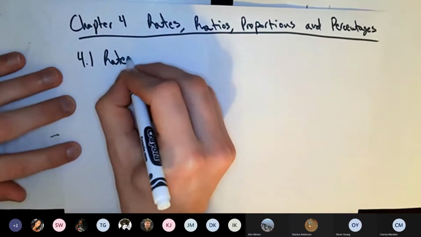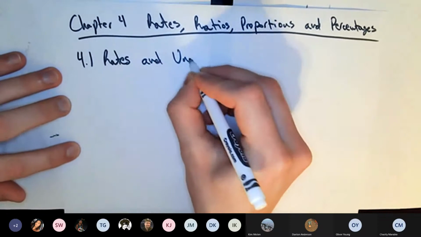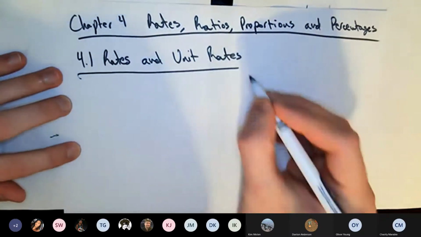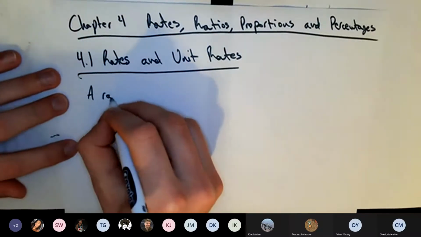Okay, so let's get into rates and unit rates, which is section 4.1. So real quick, a rate is just a fraction.